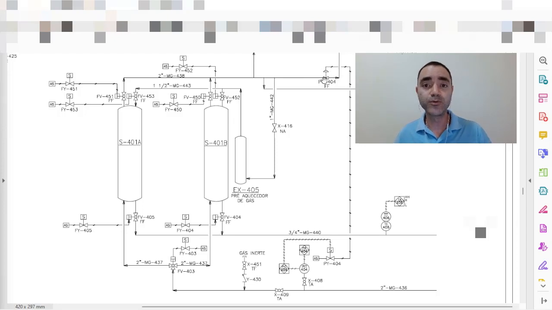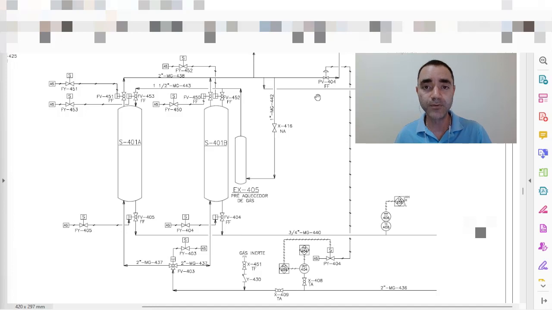But if I decrease the capacity of my plant from 100% to 50%, if the rotating machines and static machines allow that, it means that I will have less flow, and because of that, my valve will need to close more to keep the same pressure upstream of the process.